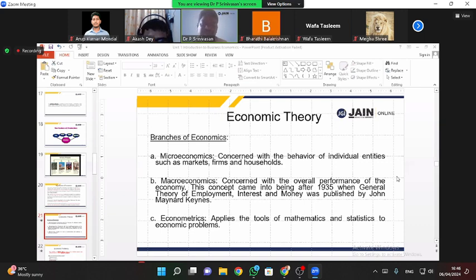But there are certain limitations of macro and micro. For example, when I withdraw money from an ATM, it's micro, and it doesn't affect the society or the economy.